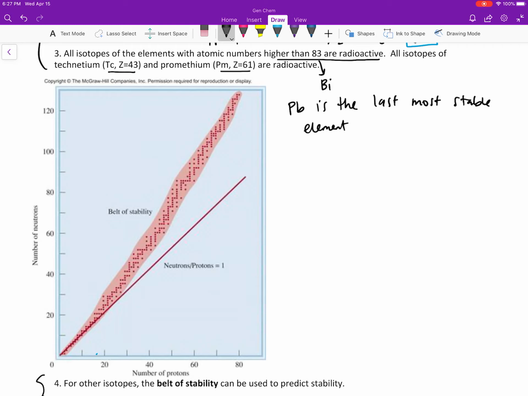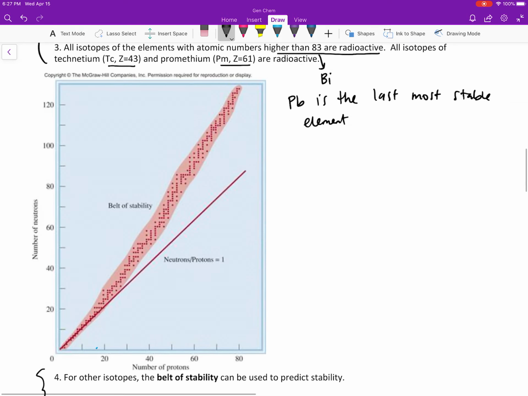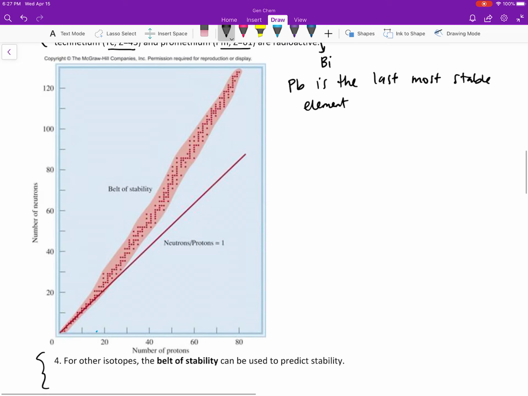Plutonium is going to decompose and eventually form lead. So that's something that they tend to have in common. Lead is very toxic. It's very hard to get rid of. It's poisonous. It's just not a great thing, but it's a great material for building, but it's poisonous. And so it's kind of strange that one of the unique properties of lead is that it's the last most stable element.